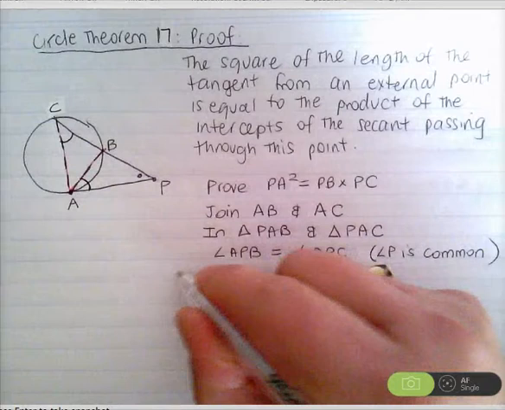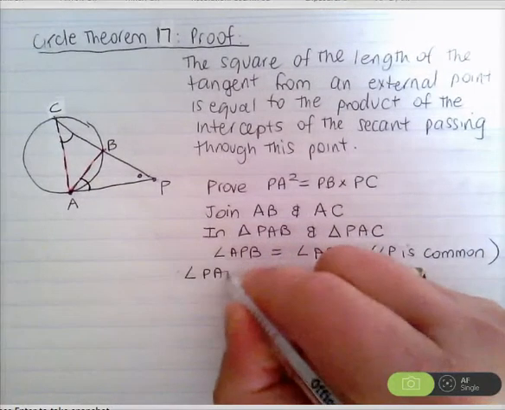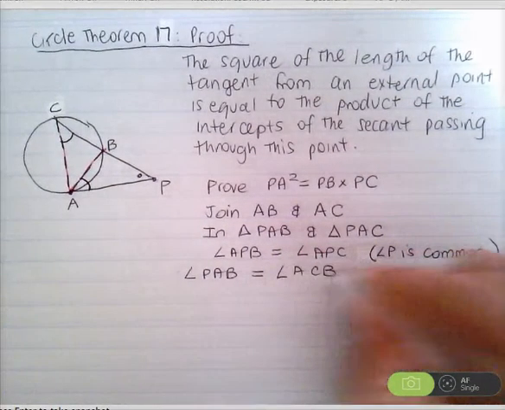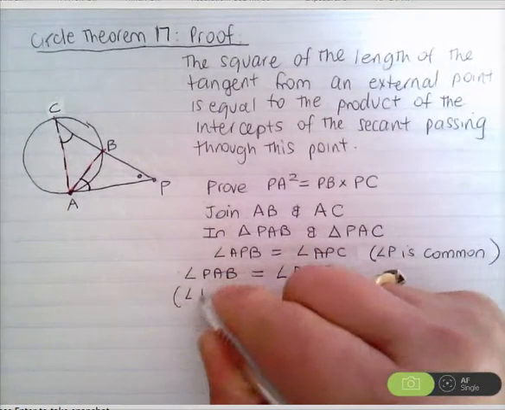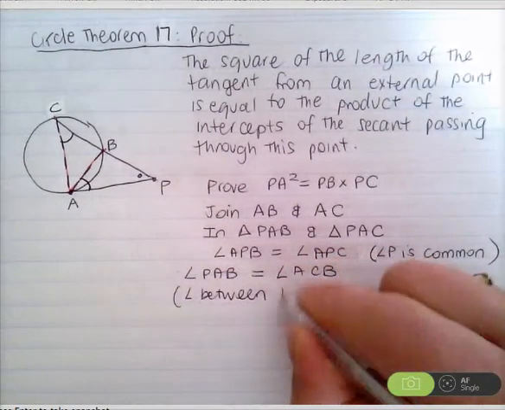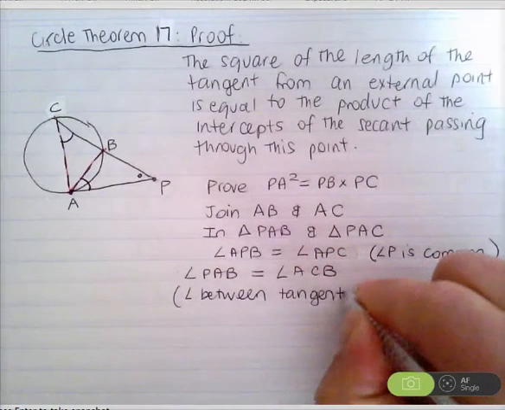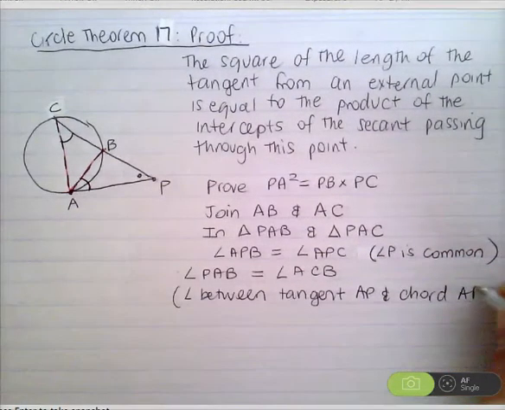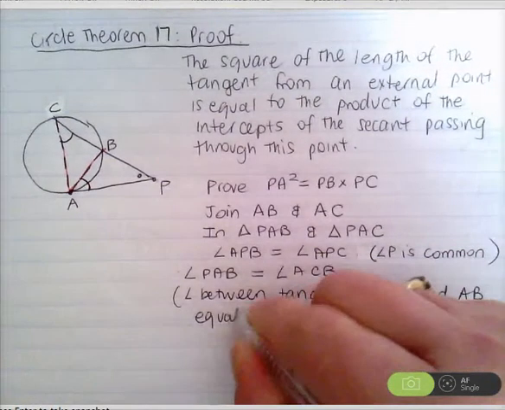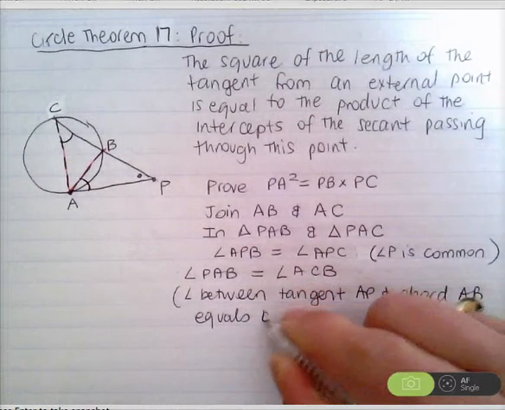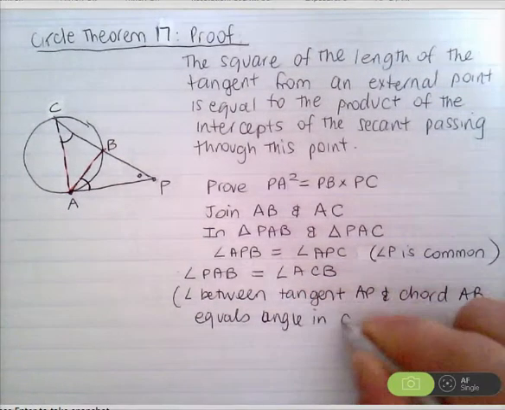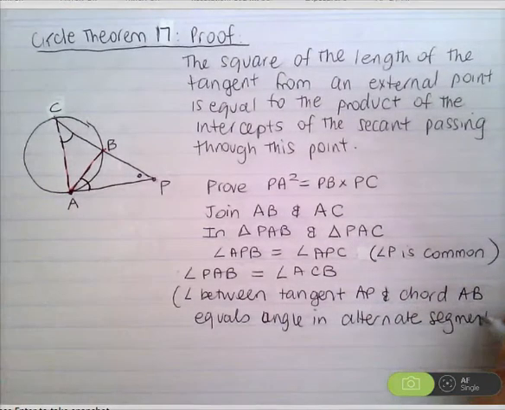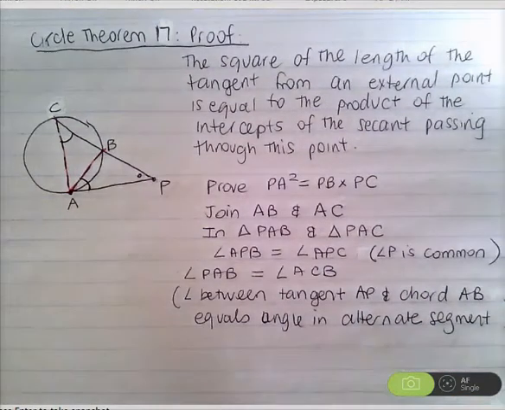So I can also say that angle PAB is equal to angle ACB, and the reason is the angle between the tangent AP and the chord AB equals the angle in the alternate segment.